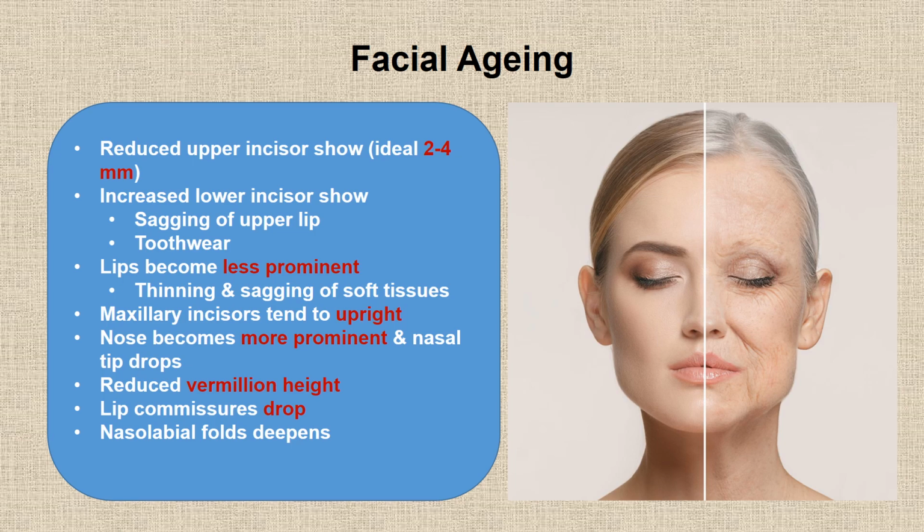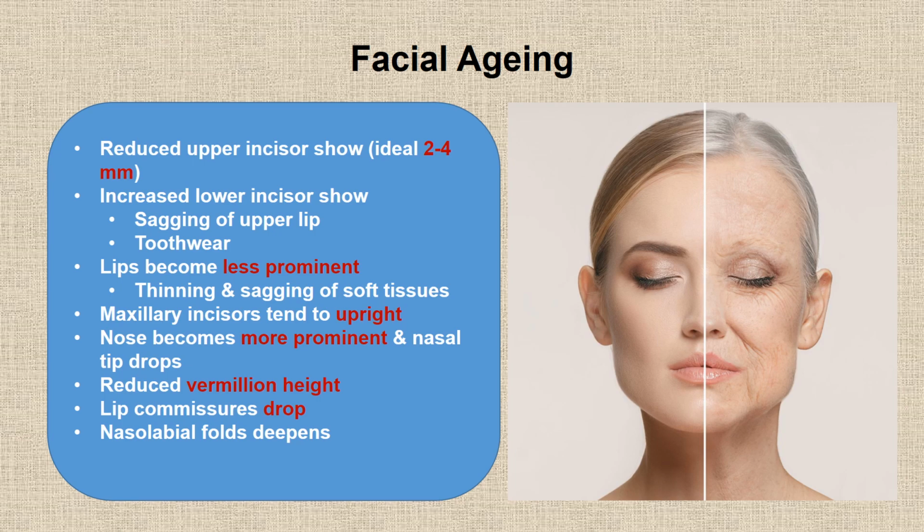There is also a concomitant increased lower incisal show, meaning we show more of the lower teeth and less of the upper teeth. This is due to two reasons. One is because of the sagging of the upper lip, and number two is because of tooth wear.